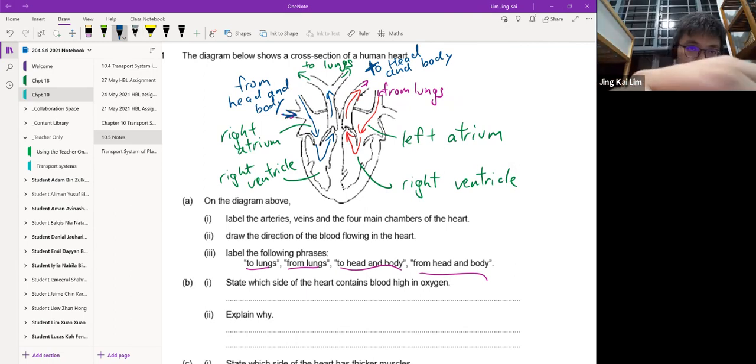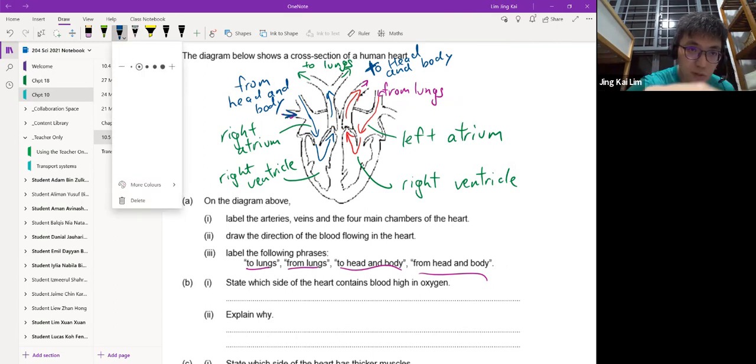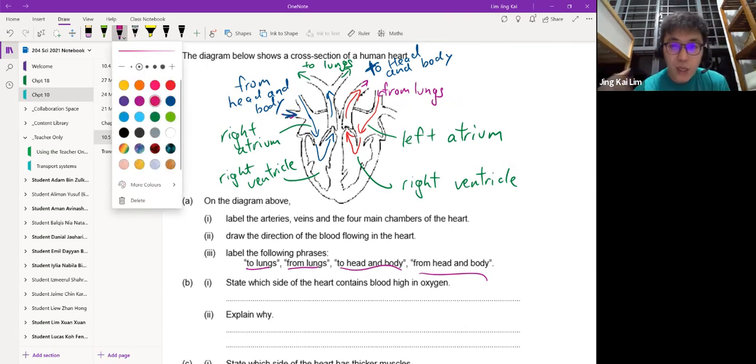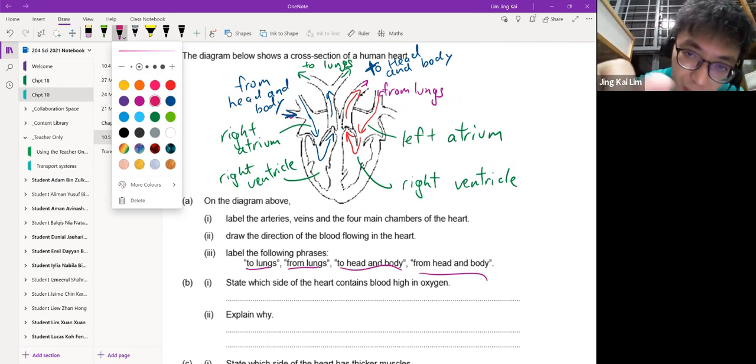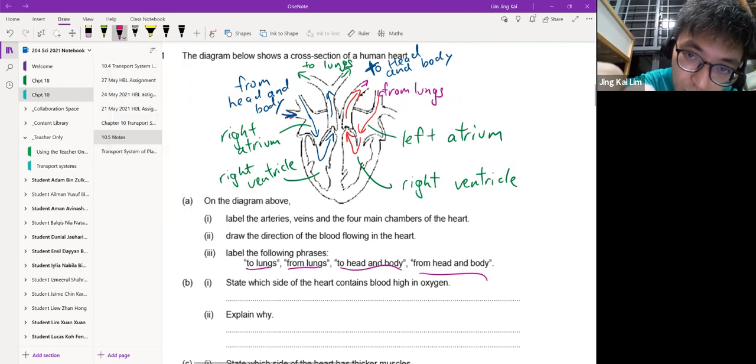We just need to label now the artery and veins. Very quickly, arteries are blood vessels that carry blood from the heart to somewhere else. So it's always from the heart. With that in mind, the two blood vessels here are actually the arteries. This and this are the arteries.